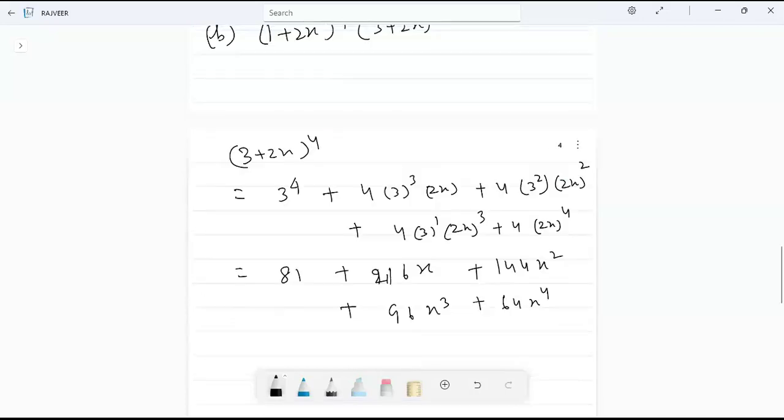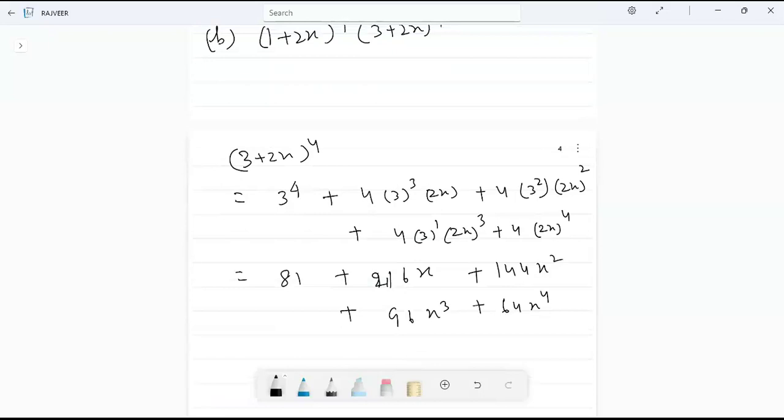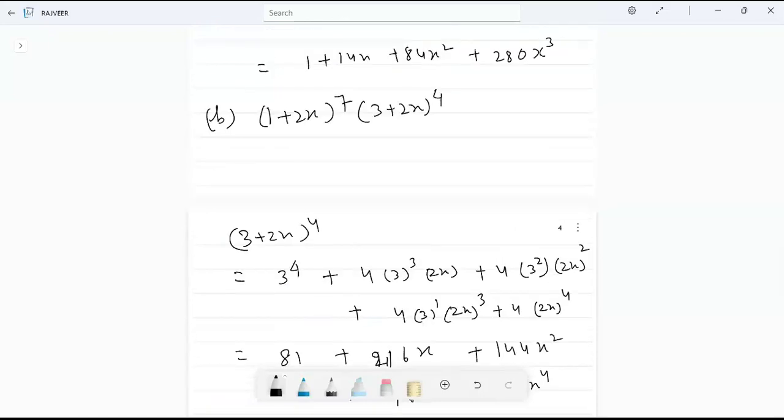This is the expansion. Now we have to find the coefficient of x. So for the coefficient of x, you can see that this 2x must be multiplied by this one, and this should be multiplied by this one. We have the other x coefficient, this one multiplied by 1.